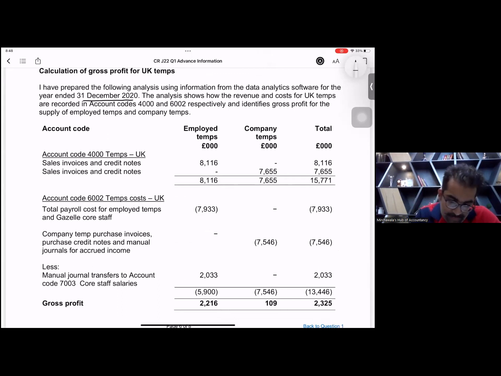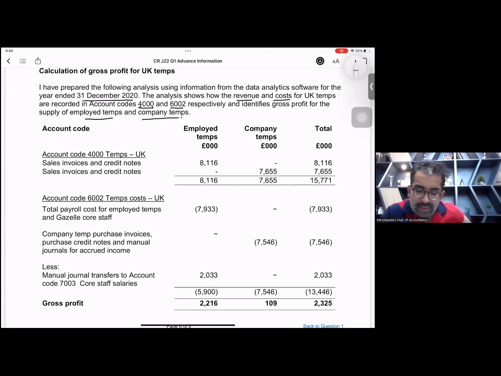The analysis shows how the revenue and cost for UK temps are recorded in account codes 4000 and 6002 respectively, and identifies the gross profit for supply of employed temps and company temps. This is majorly linked to the temporary contracts. So you can see this is your sales for employed temps. This is for company temps.